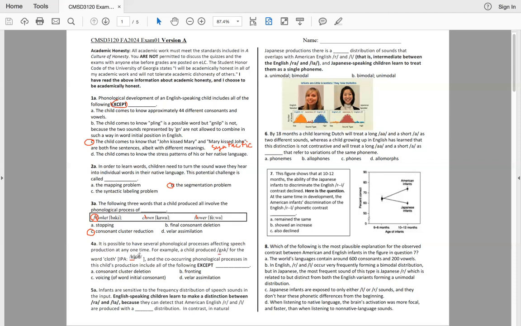So a consonant cluster is omitted. So this involves consonant cluster deletion. And then you will also notice that the final consonant is replaced by the k sound.